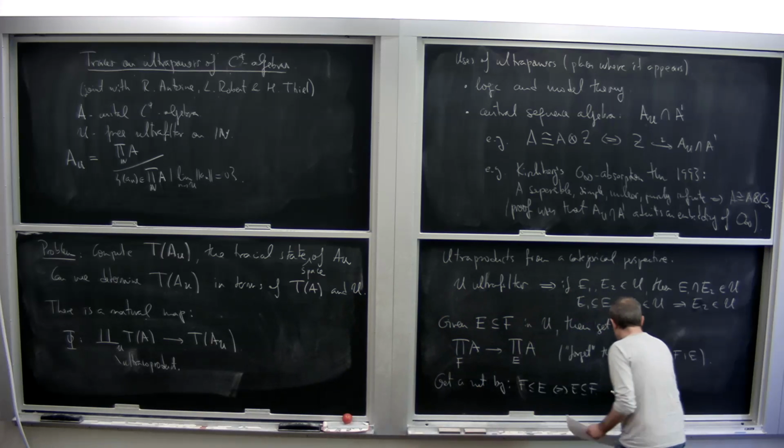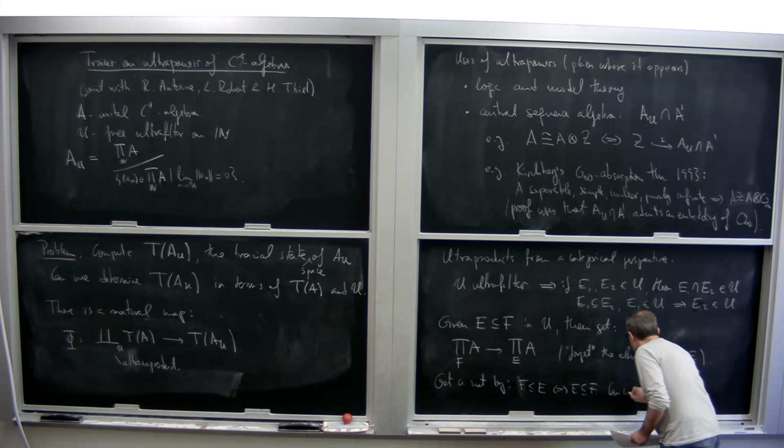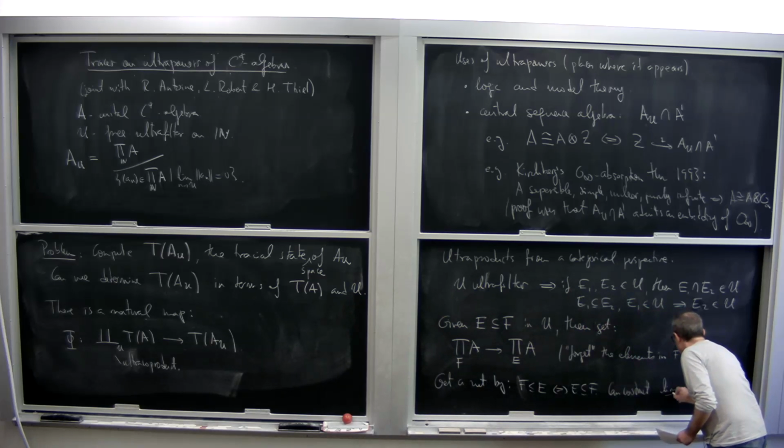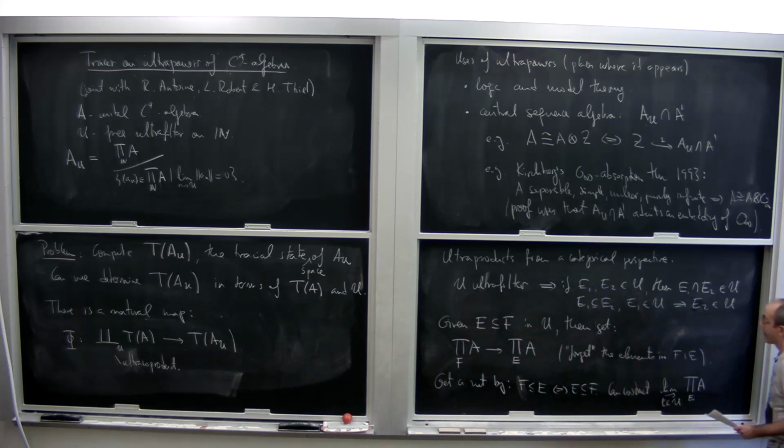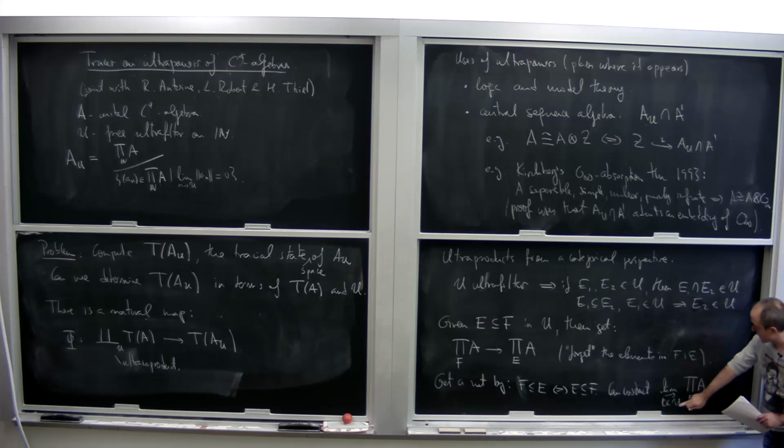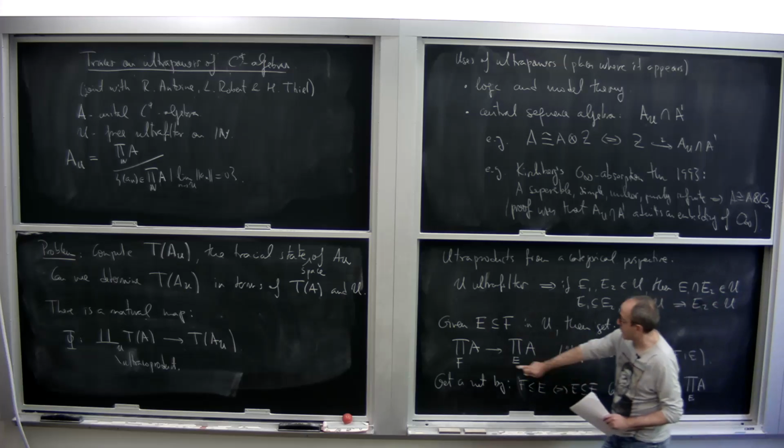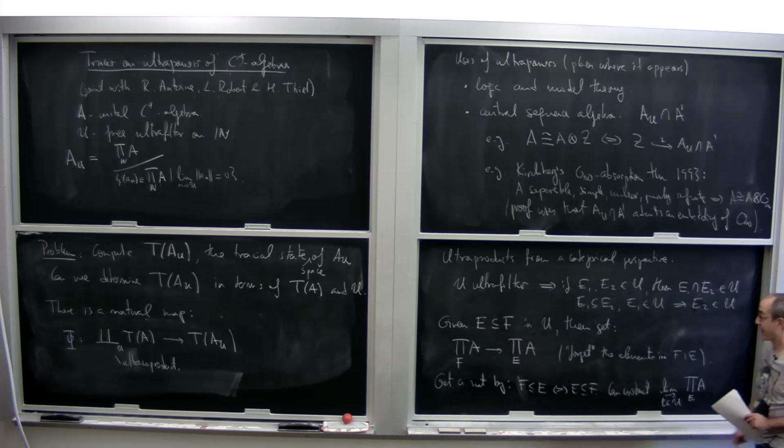So we get an inductive limit now of these products of C*-algebras, right? So this is now a net with this order, and we have these connecting maps here.